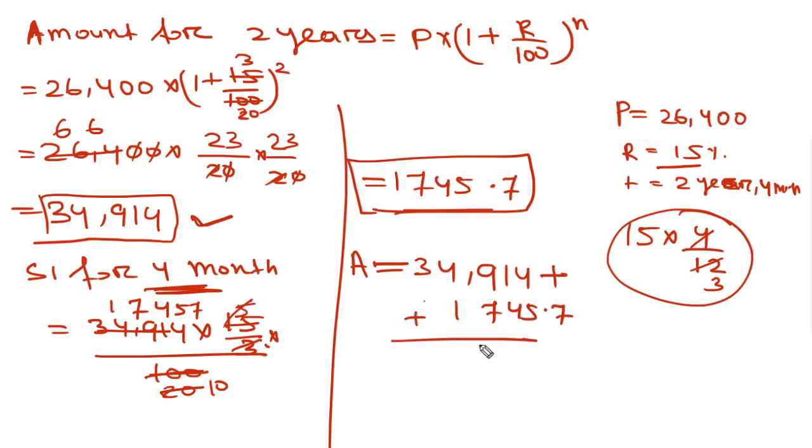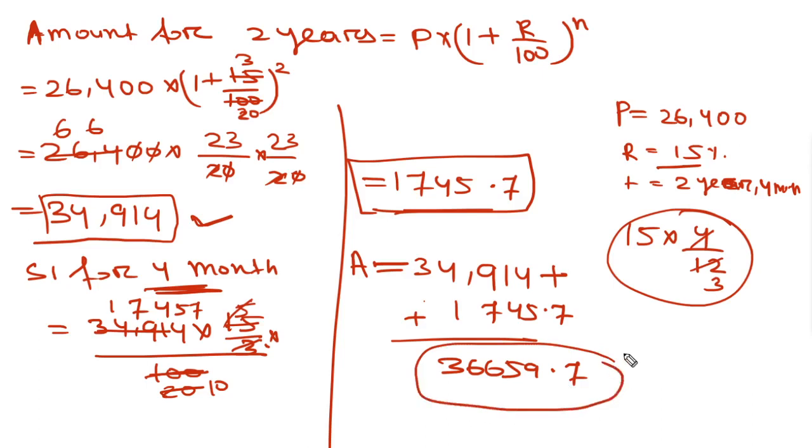Okay, now you can add it, it will be equal to 36,659.7. So this is the amount for 2 years and 4 months. So this is your solution. Now we'll move to the next question.